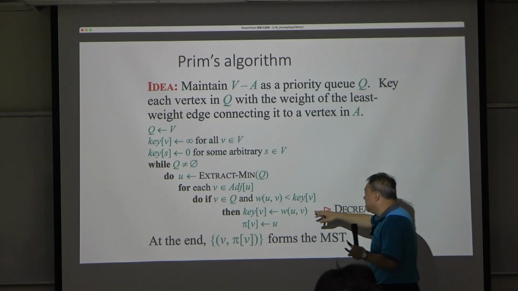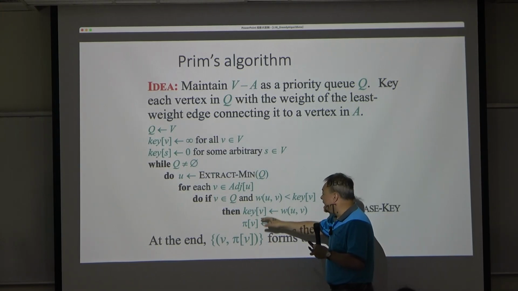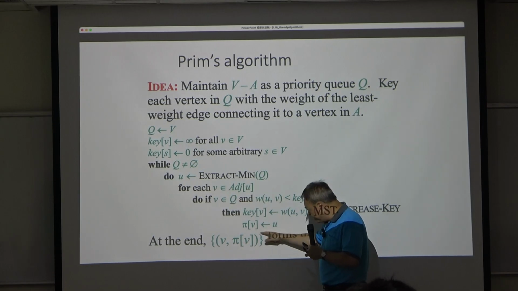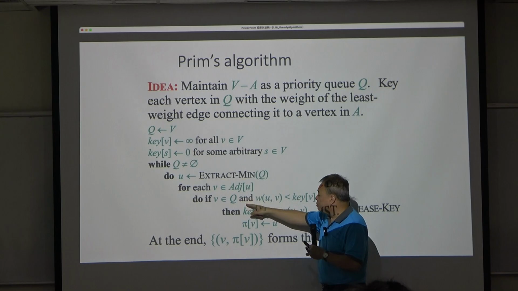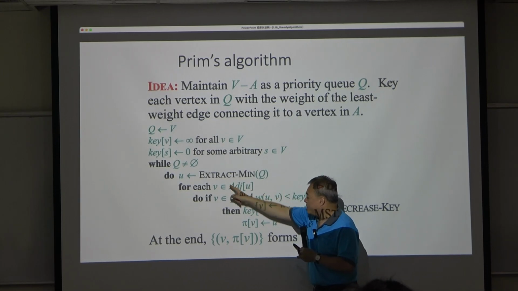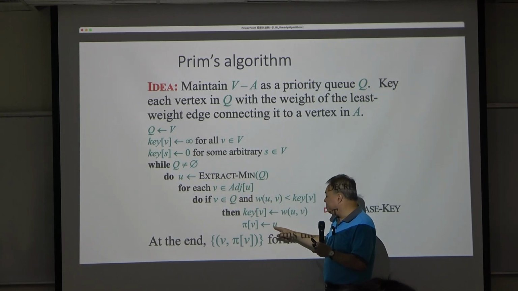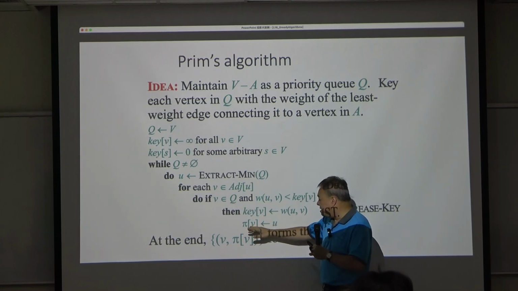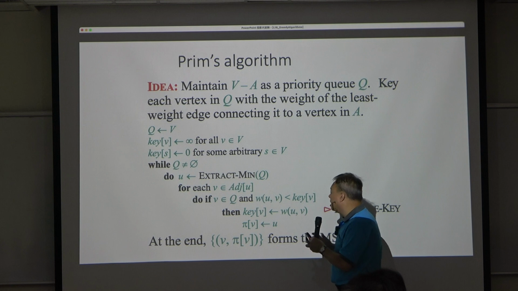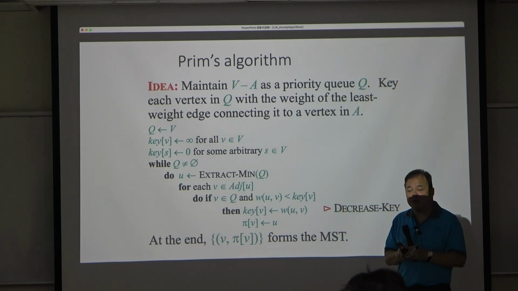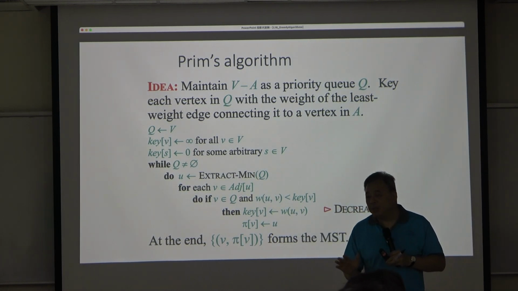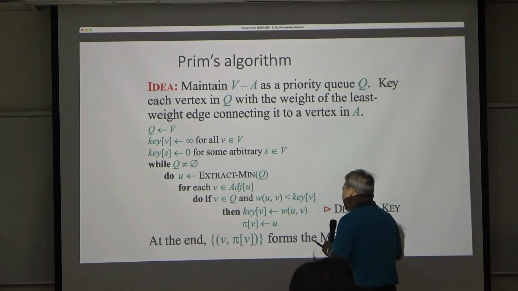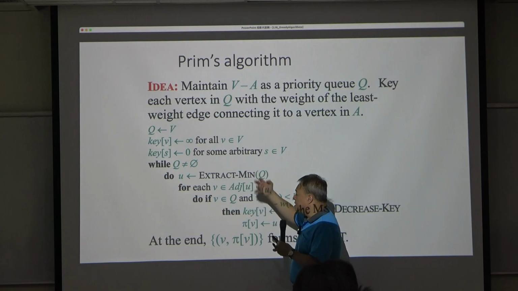And because this is what you pick, you pick U, right? So U is going to be V's parent. You assign V's parent to be U, and then you keep running this.